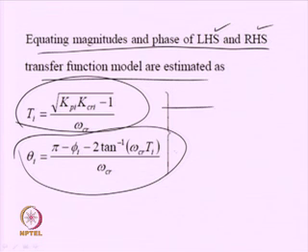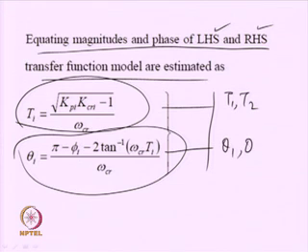These are the two formulae for estimating the parameters of the transfer function models. With the substitution of Kpi, Kcri, omega Cr, it is possible to estimate T1 and T2, and also the estimated values for theta 1 and theta 2.